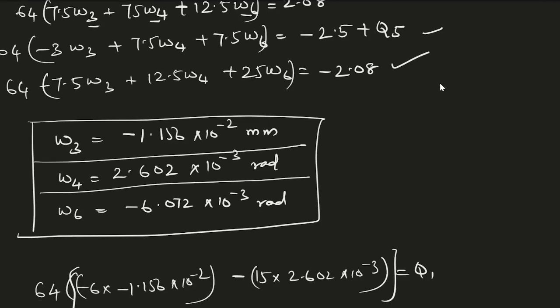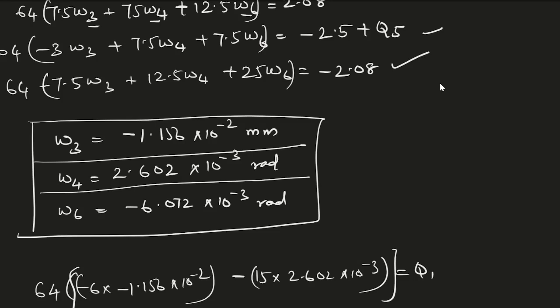It's minus 3 into W3, which is minus 1.156 into 10 power minus 2, plus 7.5 into W4, that is 2.602 into 10 power minus 3, then again plus 7.5 into W6, which is minus 6.072 into 10 power minus 3, multiplied by 64.